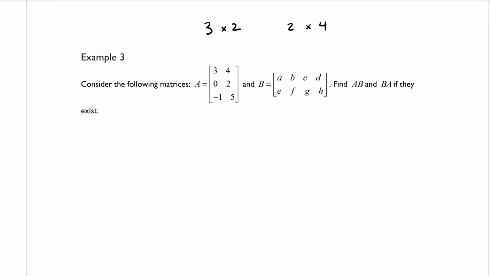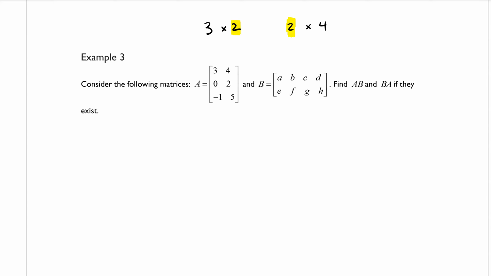Now, let's look at A times B first. Remember that the number of columns in the first matrix needs to be equal to the number of rows in the second matrix. The way that I usually have students do this is I have them write out the dimensions of both of the matrices next to each other, and if the inner two numbers are the same, then we are able to do matrix multiplication.